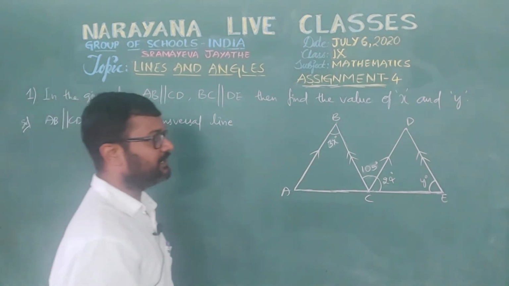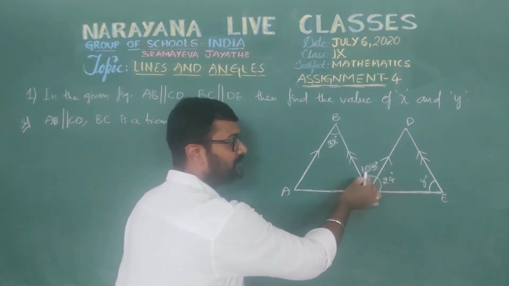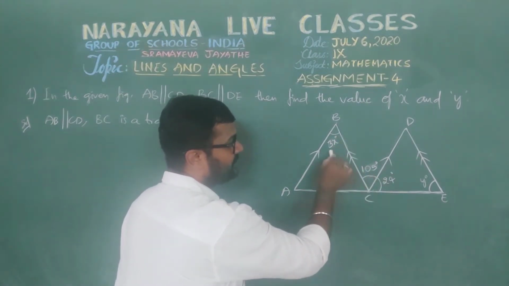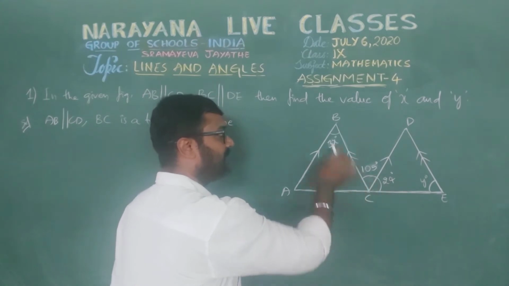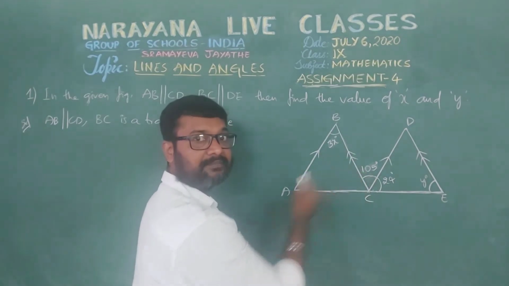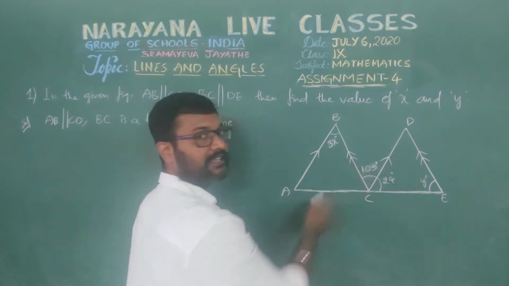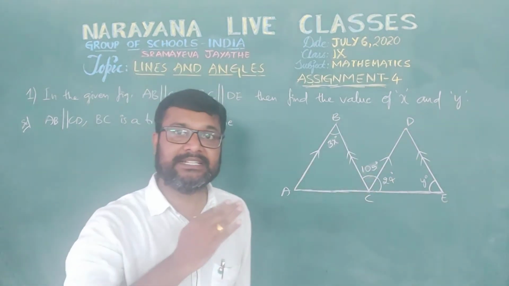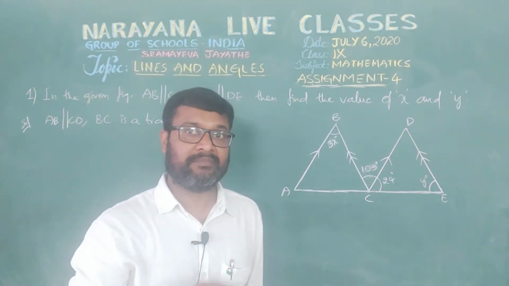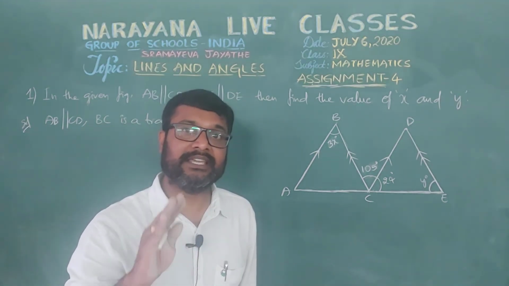then if you observe here, this 3x degrees angle and the 105 degrees angle are alternate interior angles. Why? Because this is a transversal line and these two lines are parallel, so these are interior angles between two distinct parallel lines. When any transversal line intersects two distinct parallel lines, alternate interior angles are equal.